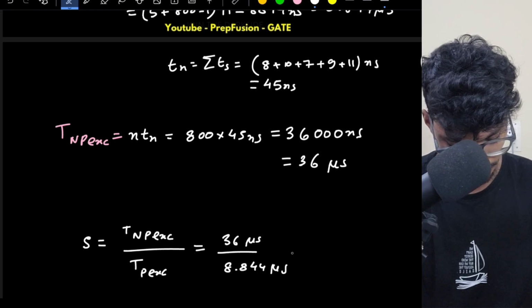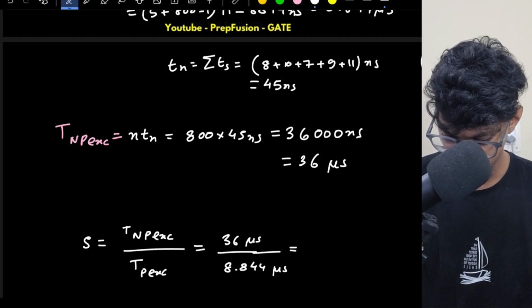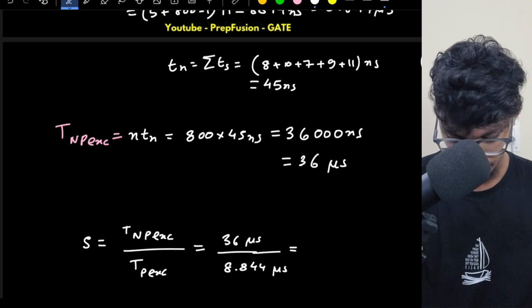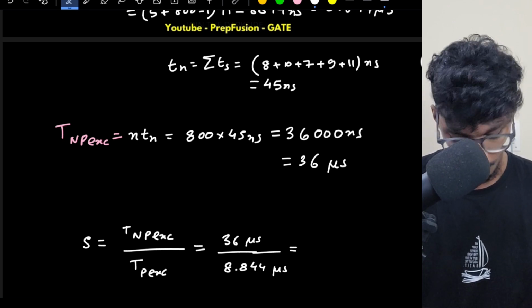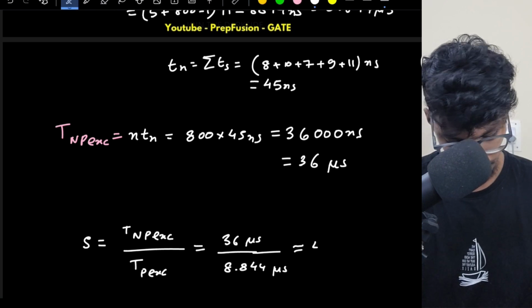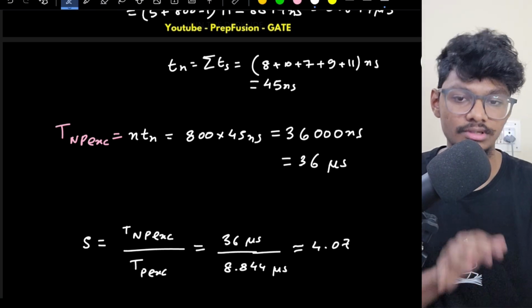Everything is in microseconds. So this is almost equal to 4.07. Okay, this is the speed up ratio. This is the actual speed up achieved.